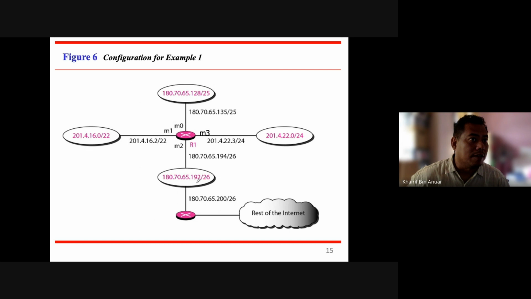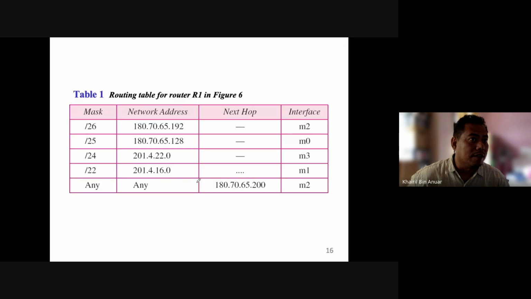So you need to have this table to represent your routing table. The first thing is that you have to have your mask, and then the network address, next hop, and the interface. As mentioned, you need to have at least 4, and the rest needs to go through this interface.